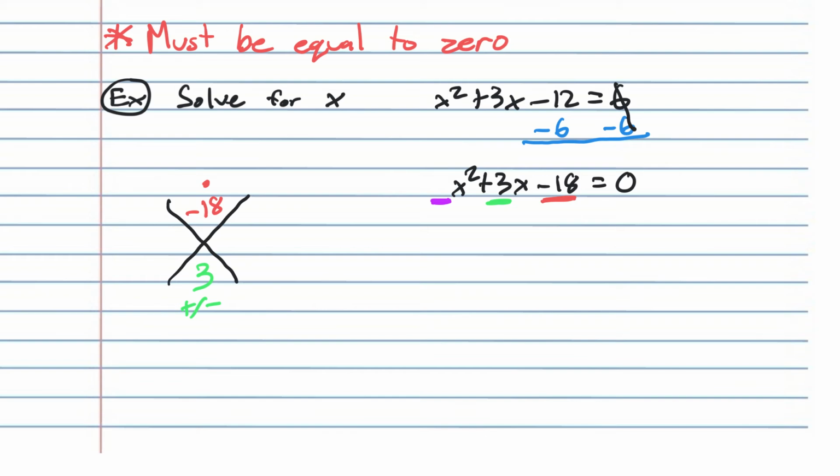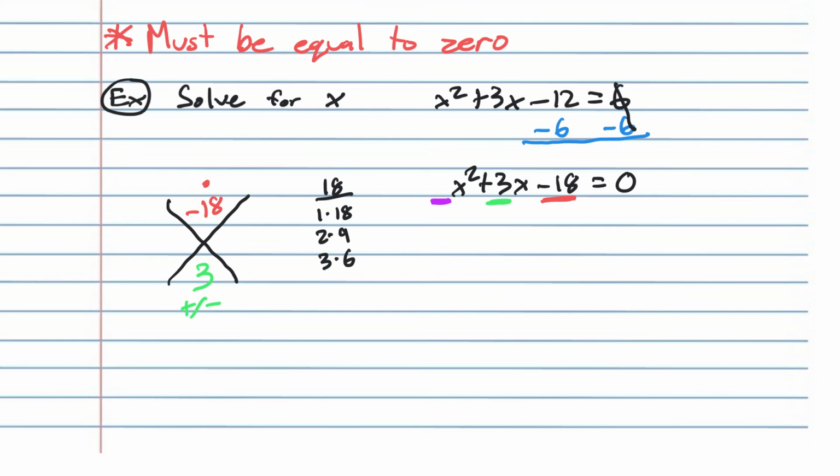So if you're trying to figure out what numbers multiply to negative 18 but add to 3, sometimes it helps to make a list. So we're trying to multiply to 18, so make a list of all the ways you can multiply to 18. Well, 1 times 18, 2 times 9, and 3 times 6. Okay, so those are my choices.